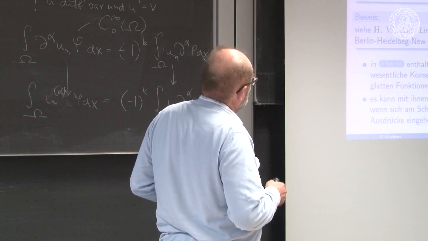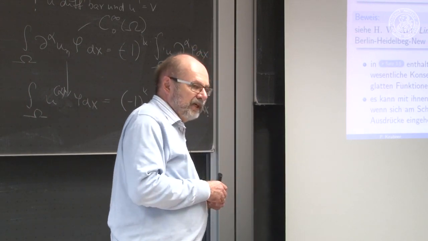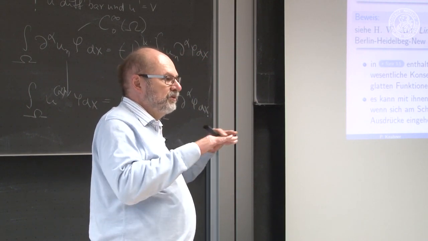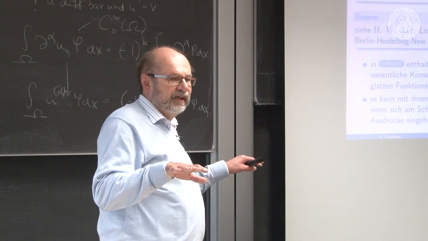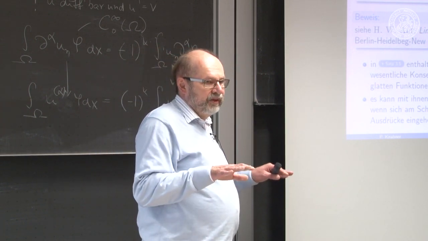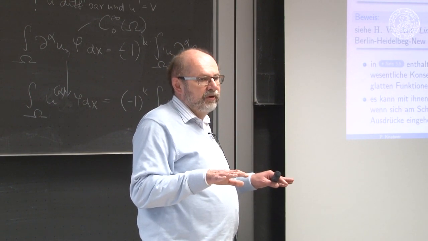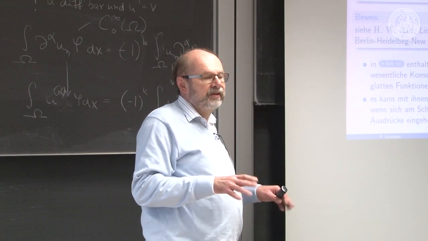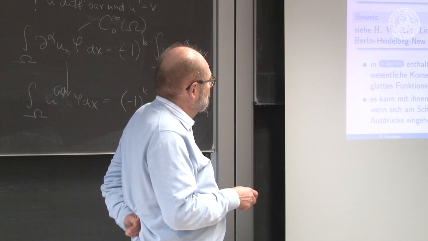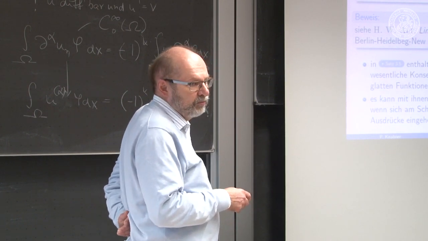Okay. For the H1 of omega, we had seen that those functions which are so smooth that they don't see the boundary in some sense are dense in this space. For the H1 0, we can work with a subset of that, namely with the test functions which we know already, which are C infinity functions with compact support.